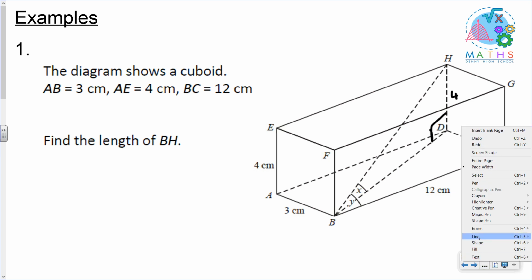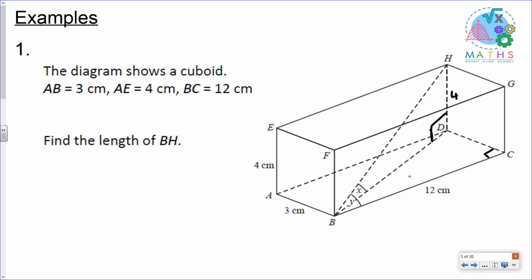So I'm going to just draw that right angled triangle now so that I can model what's going on. So I have the length here, B to C. I then have this length here, C to D, and the unknown here, B to D. And what's created there is a right angled triangle.